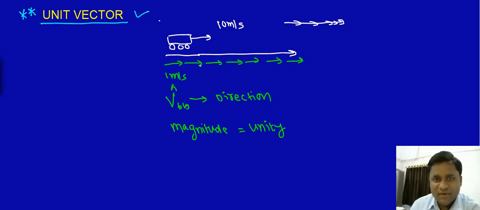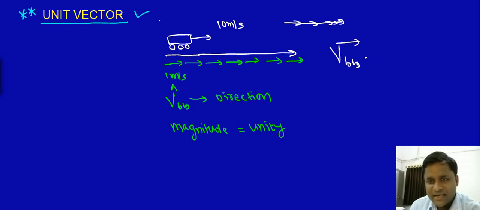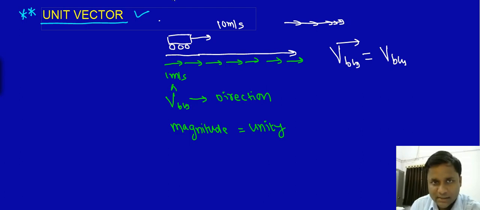If we consider the velocity of the bus, it is a vector quantity because it has a direction and a magnitude. It can be represented as the magnitude of the bus velocity multiplied by the unit vector. Because it is a vector quantity, we also have to show direction.